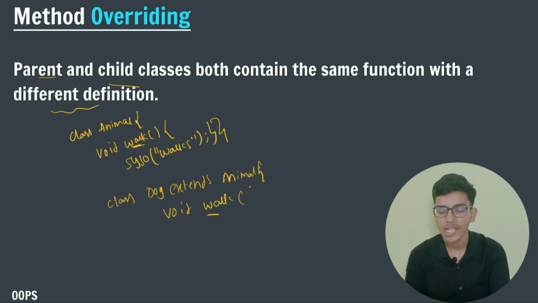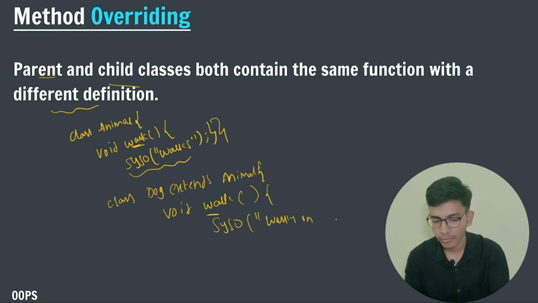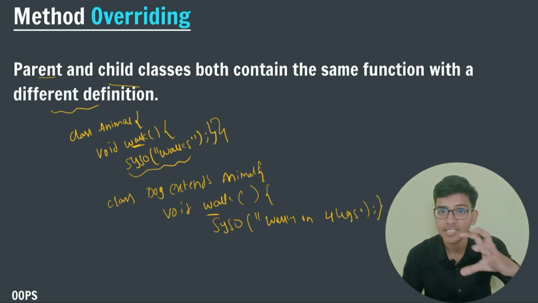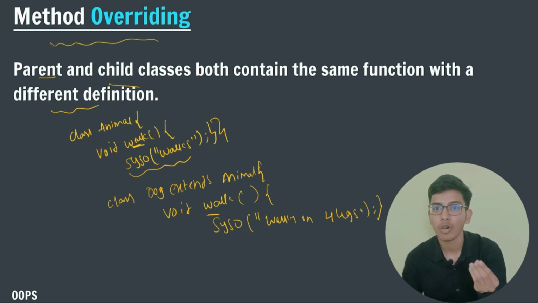In the child class and in the parent class the function is the same, but I am going to change the definition now. Here you can see that the definition is system.out.print walks. Now here I am going to give walks on four legs. So you can see that I have changed the statements inside my function. This phenomenon is known as method overriding.